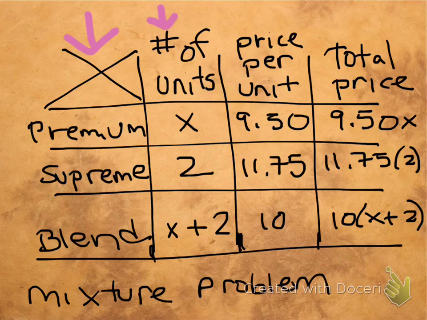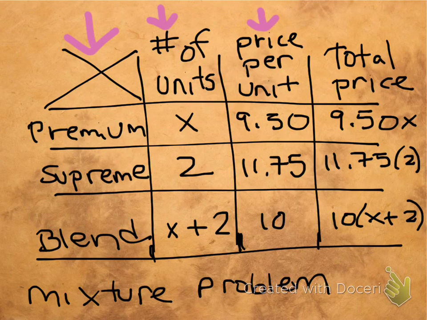Then we put the price per unit, which they give us in the beginning: $9.50 per pound for the premium, $11.75 per pound for the supreme, and $10 per pound for the blend. I listed that in the third column. The fourth column is how you get your total price, so you multiply the price times the number of units.